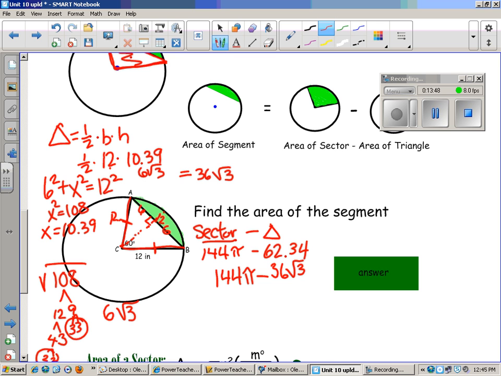What do you get? Anybody type it in to get the rounded version? Say again.